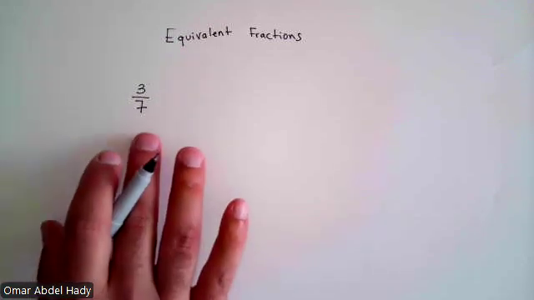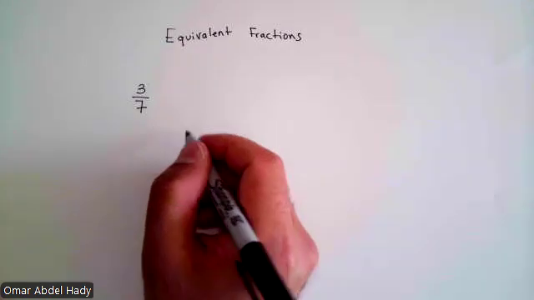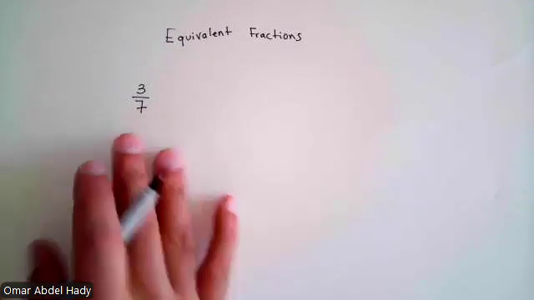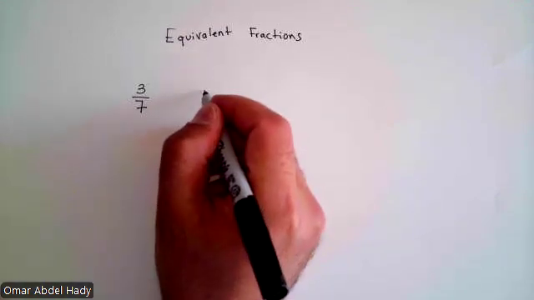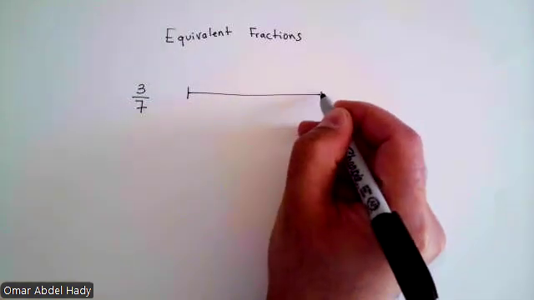So I'm going to do the equivalent fractions in two ways. I'm going to do it first by using a number line. Whenever we have a fraction, we have to remember that all fractions belong to a whole.